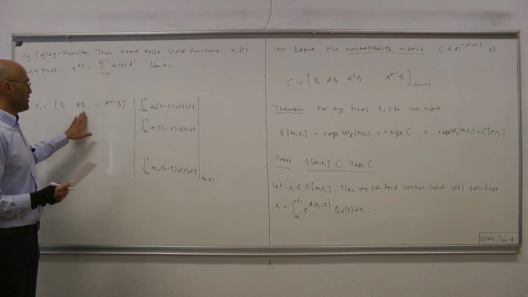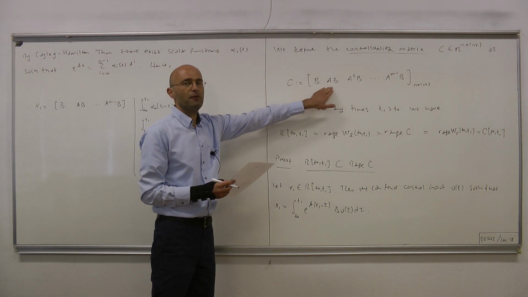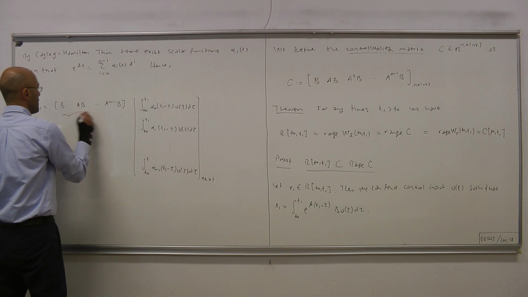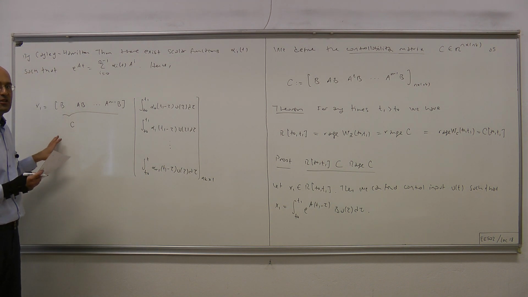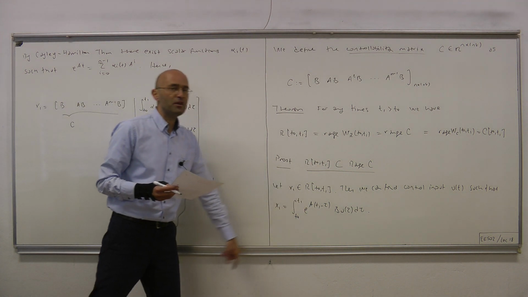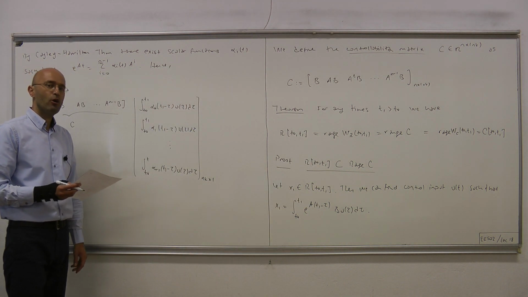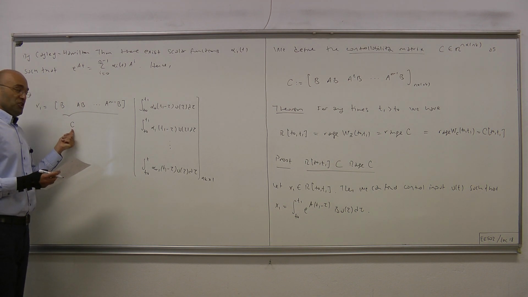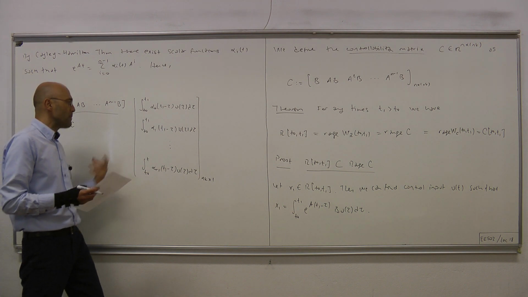Now this matrix we immediately recognize is no other than the controllability matrix, so this is C. What we have obtained is the following. No matter what x1 you pick from the reachable subspace, that x1 must always be able to be written as C, the controllability matrix, times something.